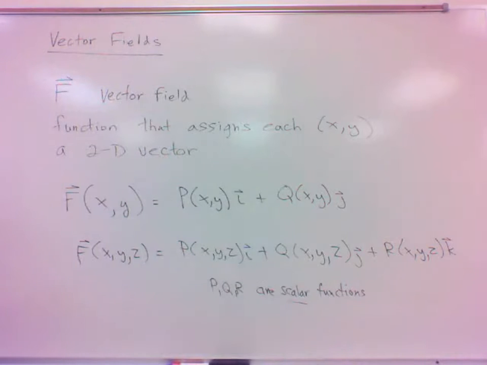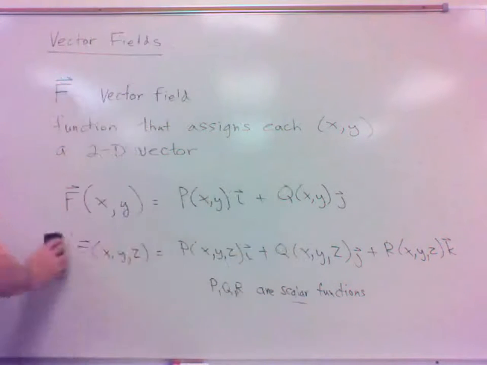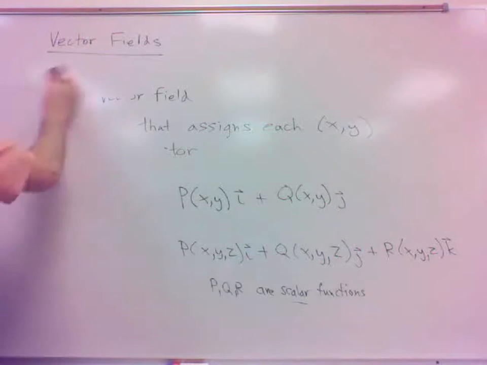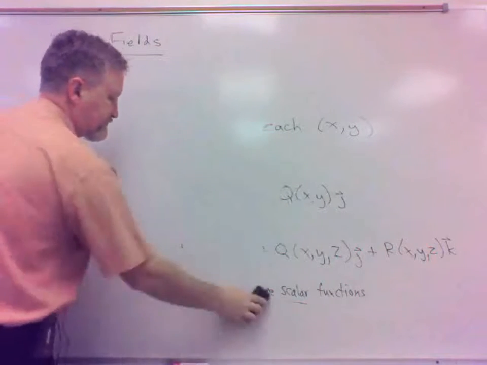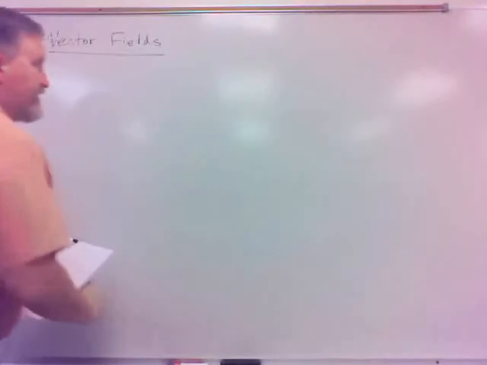Okay. So yeah, it gets quite fun to sketch one of these by hand, because each point gets a vector. So let's do one just to see how this is going to work.